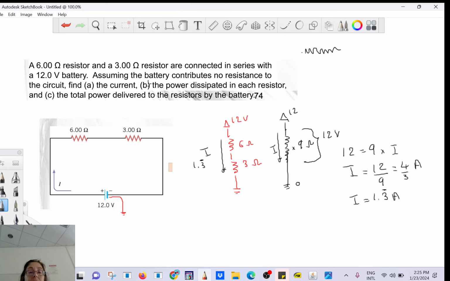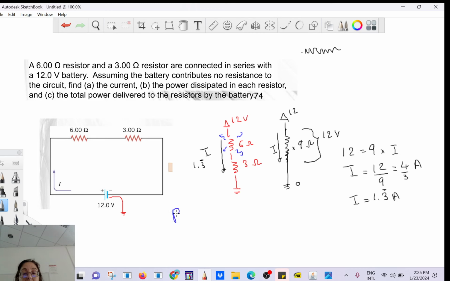And then what else do they want? A, the current. Then the power dissipated by each resistor. That's easy because they don't even ask for the voltage. I will compute the voltage, but let's finish with the question. We want to find the power dissipated by the 6 ohm.